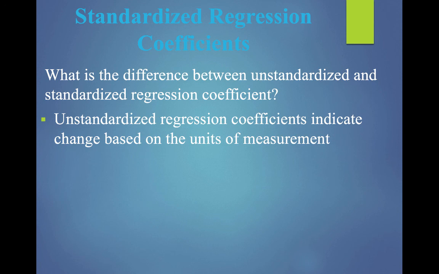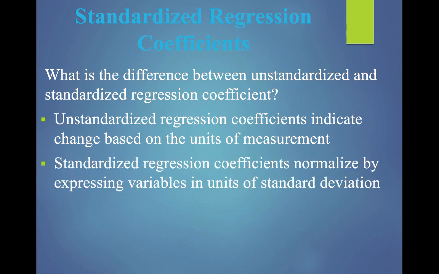And so unstandardized coefficients represent the amount of change in a dependent variable that's due to a change of one unit in the independent variable, right? So, the book example, the change in cumulative GPA for each drink consumed. But as they're raw data scores, you can't compare the coefficients, versus standardized regression coefficients, which are normalized by expressing variables in units of standard deviation.